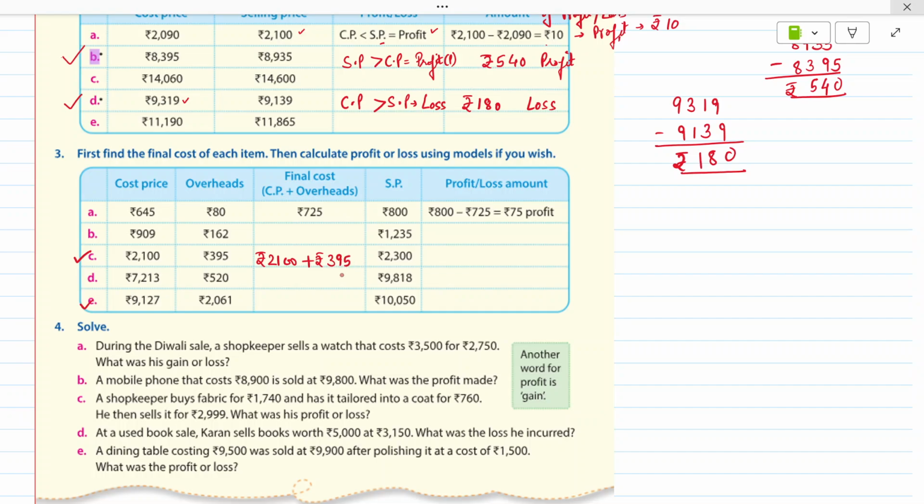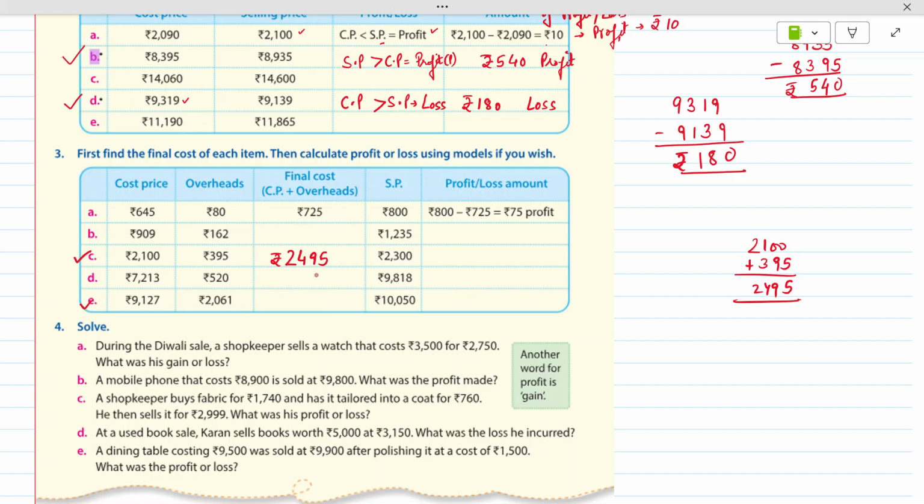Okay, so I'm just doing it here. 2100 plus 395: 5 plus 0 is 5, 9, and 2. So we will get 2495 here. So what I'm doing is I'm just replacing this part straight away with this amount. Okay, so we will get 2495 after addition here. This is our total cost price, or you can say the final cost we are spending on that item.